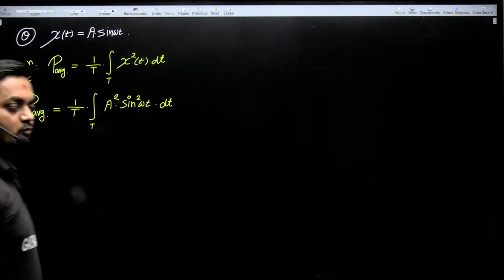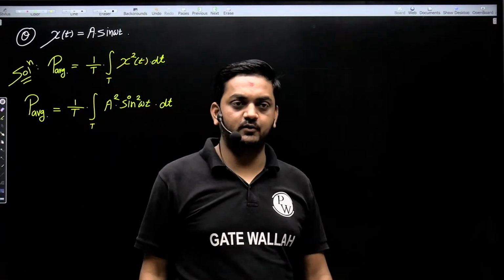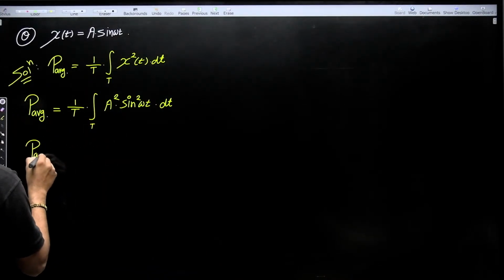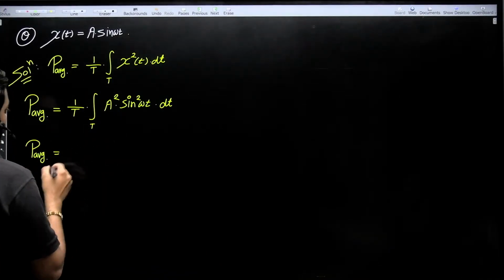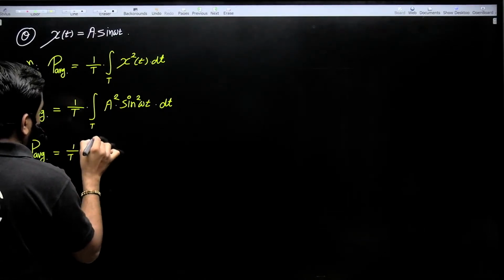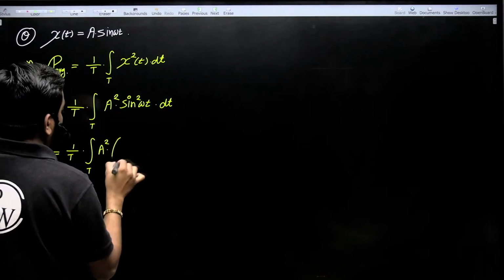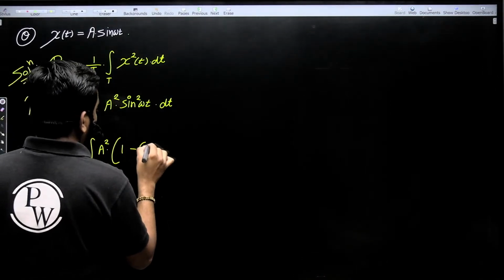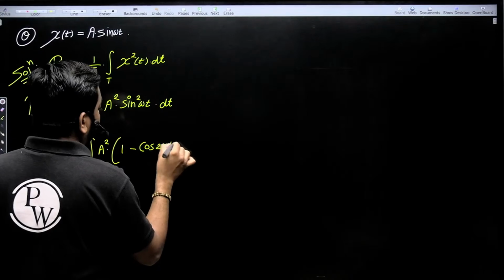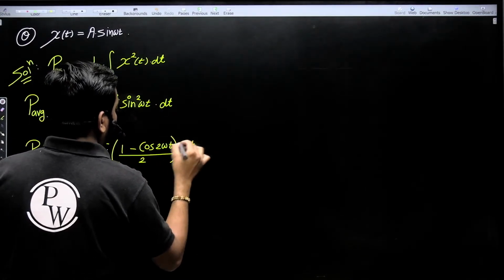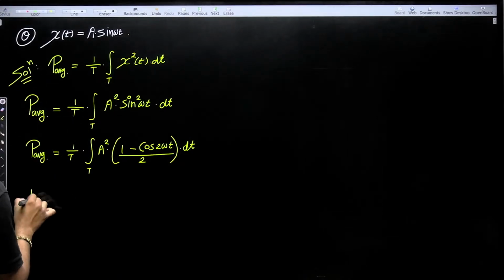Sin square theta equals (1 minus cos 2 theta) divided by 2. So 1 upon capital T integration over fundamental period a square (1 minus cos 2 omega t) divided by 2 dt, correct?